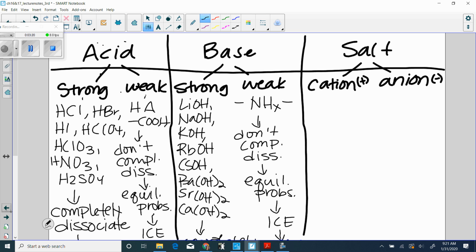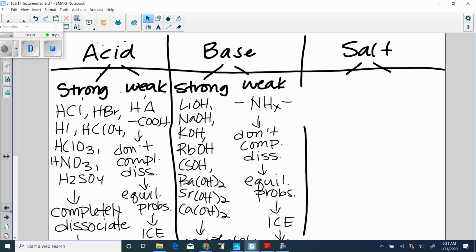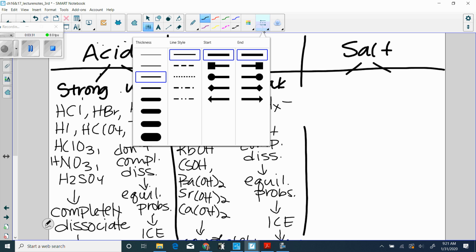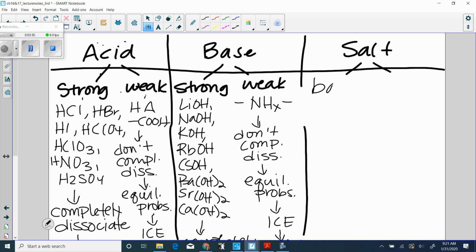Okay? I changed my mind on cation and anion. So if you wrote in pencil, can you erase it? We're going to change it to base and acid.